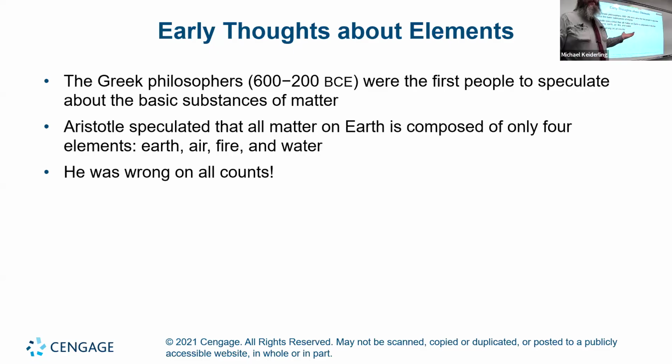Aristotle speculated that all matter on Earth was composed of only 4 elements: earth, air, fire, and water. And then later a 5th one was added to represent the stuff in the heavens, like quintessence. He was wrong on all counts.